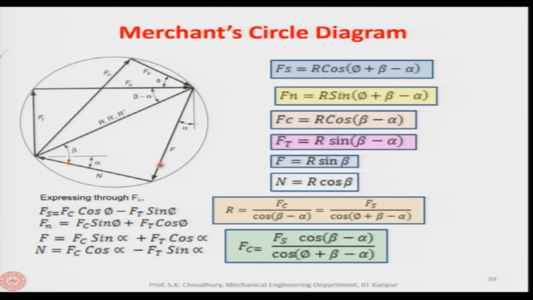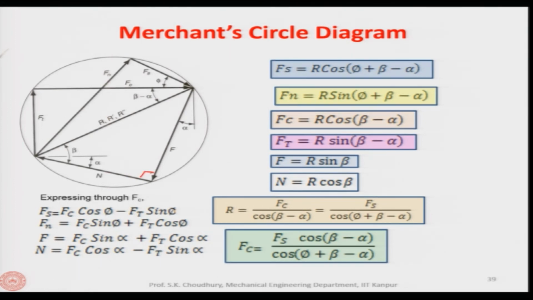Now, we have seen that between the N and the resultant force, the angle is called the friction angle. So, beta is the friction angle, and if we draw perpendicular to Ft, and perpendicular to this, which is N, this angle is also alpha, the rake angle. Therefore, if this is phi and this is alpha, this angle will be beta minus alpha, because this is a 90-degree angle.